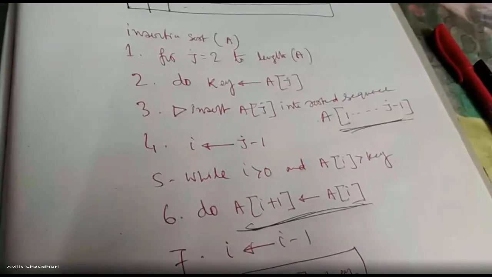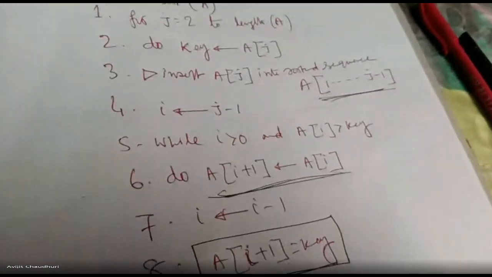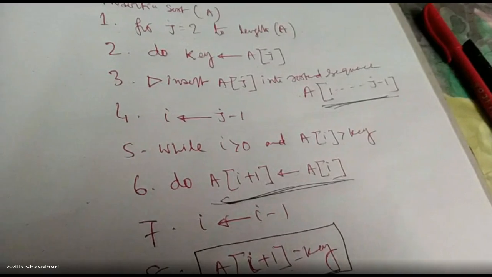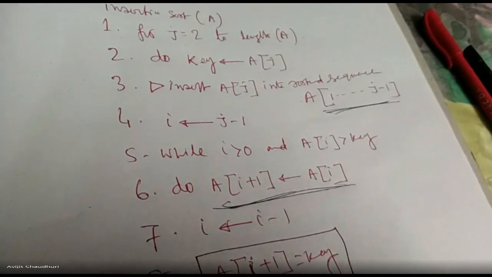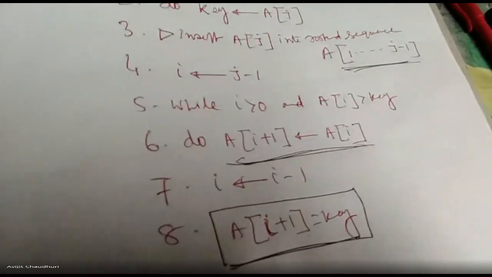So what is the first step? The first step is for j is equal to 2 to length of A. Key is A of j.